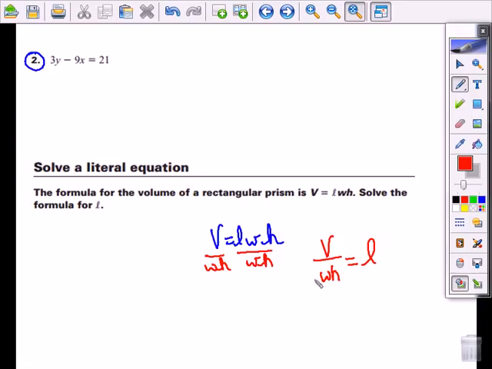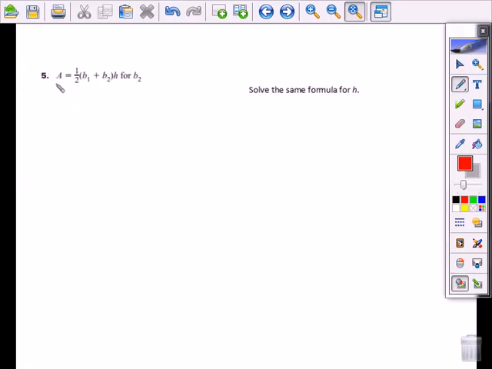You'll use literal equations a lot in your science classes, especially chemistry. Let's do another one. This is the formula for the area of a trapezoid. The area is a half times the sum of the bases. We call those base 1 plus base 2, times height. And they want us to solve this for the second base. There's a couple things that I can do.